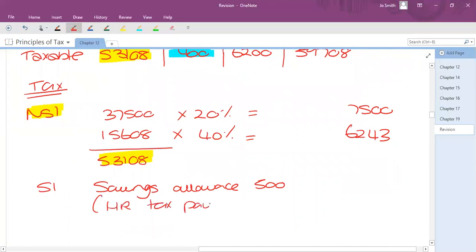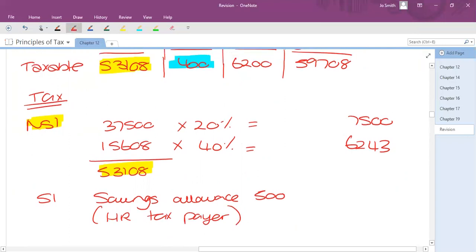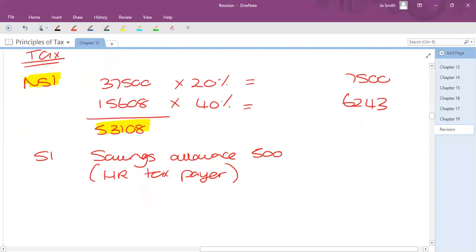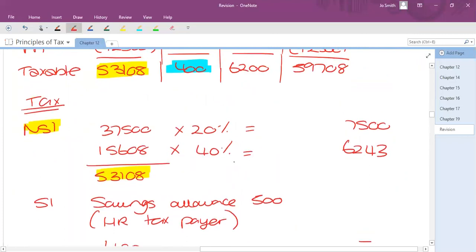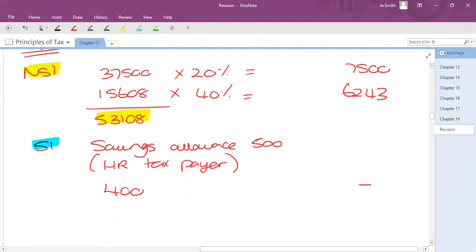They're earning above 37,500. So as we can see, their savings income is only 400, so there is no tax to pay. I can't have relief on 500 because I haven't earned 500, but I've got 400. It's below the allowance limit, so there's no tax to pay on my savings income. Okay, so that's your 400.